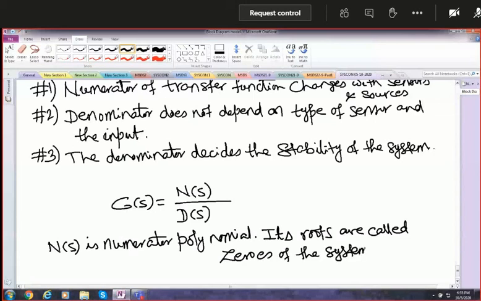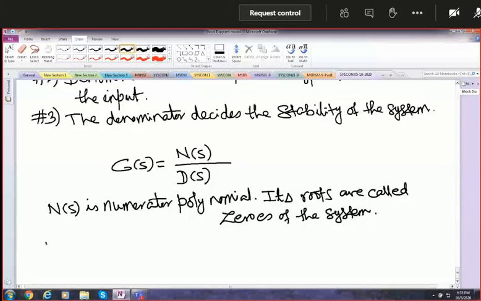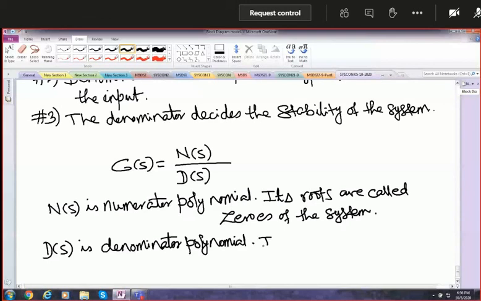And D(s) is called the denominator polynomial. Its roots are called poles of the system.